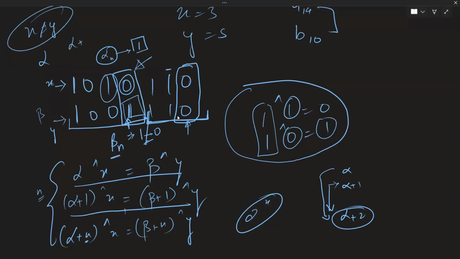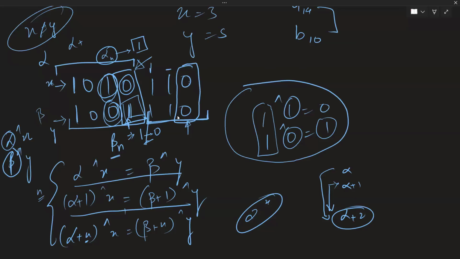Otherwise, if one bit is set and the other one is unset, then alpha XOR x will decide whether the result will have set or unset. If it is set, you'll accordingly have that bit set or unset in alpha and accordingly have the opposite in beta. So after this point, it's decided upon the result.